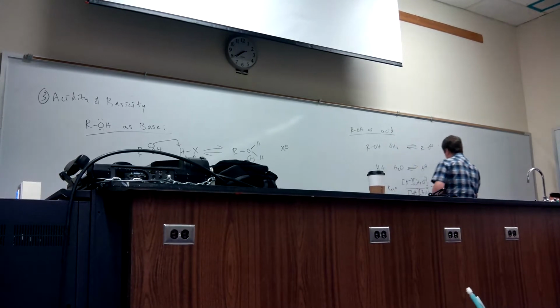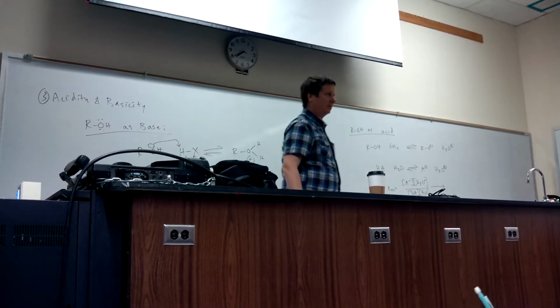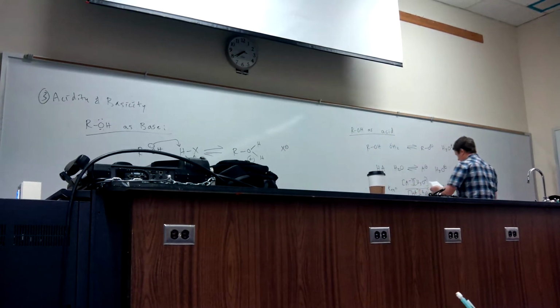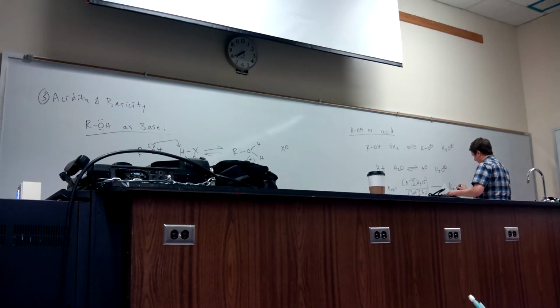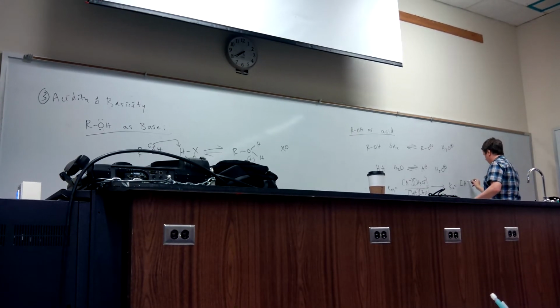If we assume that the concentration of water is constant, then this becomes a simpler equation. We just kind of factor it out. Ka is the same equation minus the water in there. And pKa is negative log 10 of that.